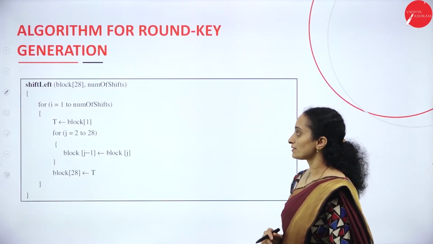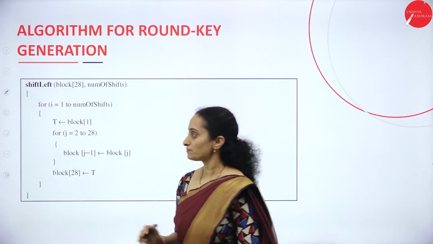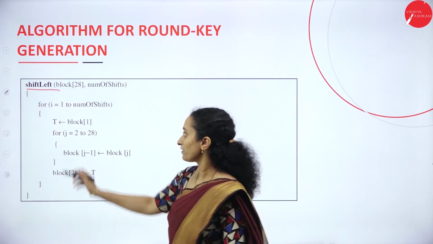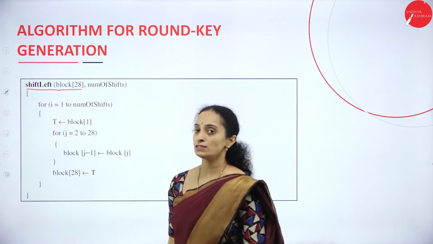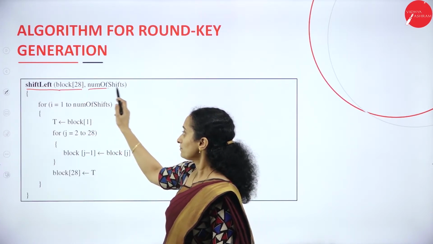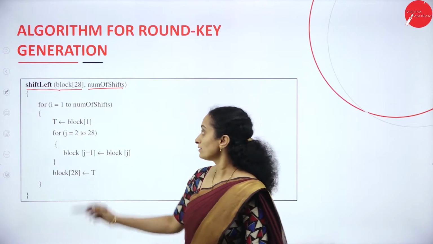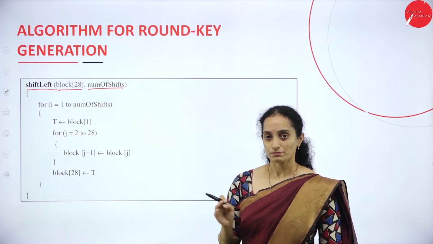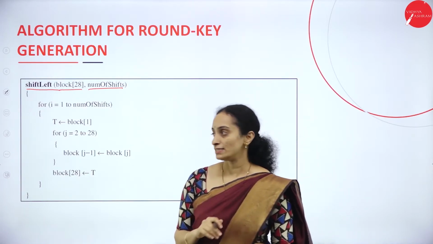Okay. Next comes the shift left function. How does the shift left function work? It uses two variables: a block of 28 bits and the number of shifts, that is, how many bits must be shifted.